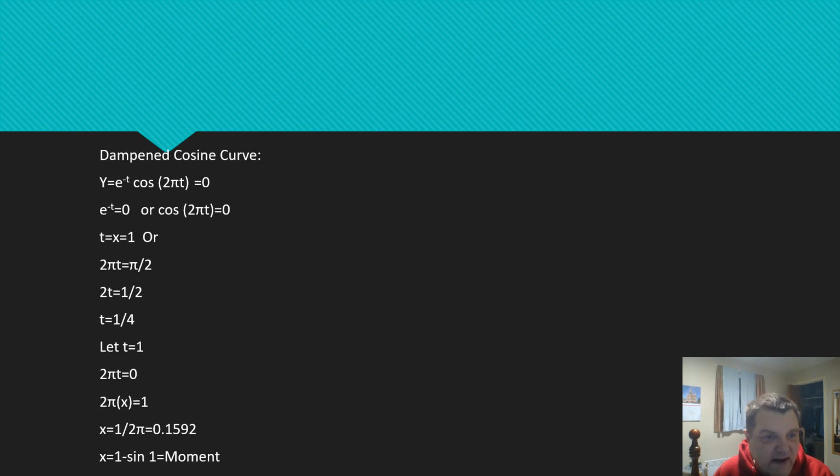Let t equal 1, 2 pi t equals 0, x is equal to 0.1592. That's the moment, which is equal to 1 minus the sine of 1. That's a very important number. 0.1592 is equal to the moment, which is equal to 1 minus the sine of 1.